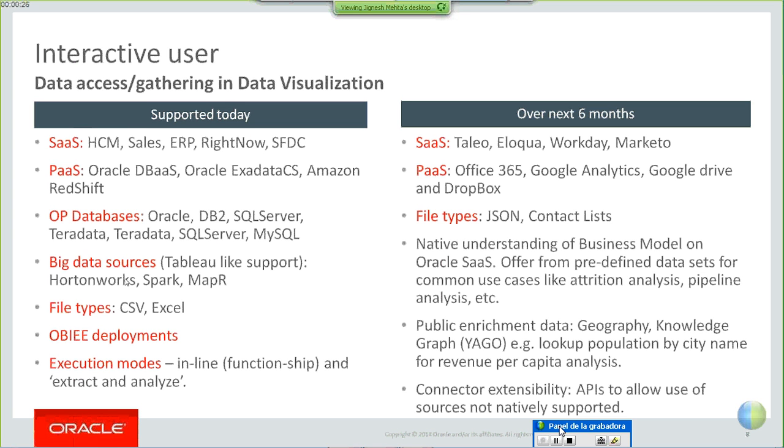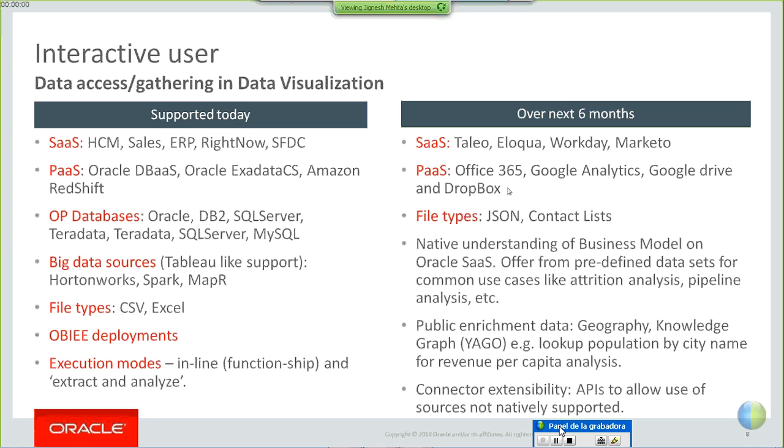We also have connection to big data sources, as you saw in the visualization desktop, more file types and execution mode. What you will see more and more in the next few months is more SaaS connectors. Obviously, we continuously add connectivity to various SaaS applications and various databases. So this is just progress towards that.